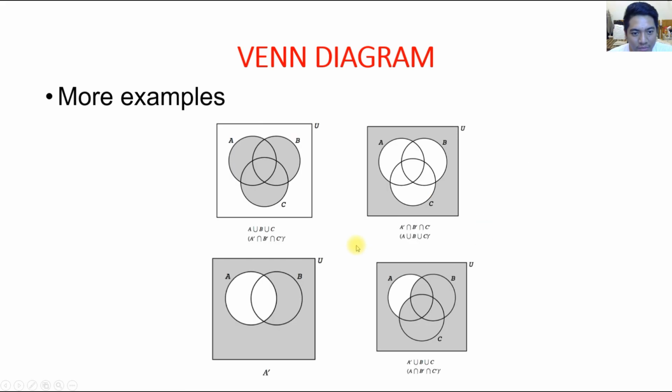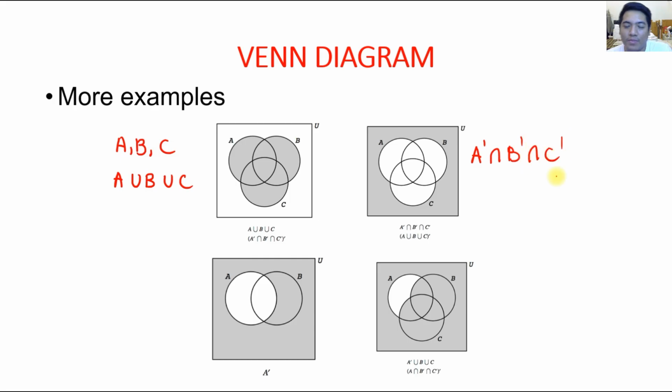So we have more examples. If we have three sets such as A, B, and C, and we get the union of A and B and the union of C, that is simply all of the sets combined. And for letter B, we have A complement intersection B complement intersection C complement.